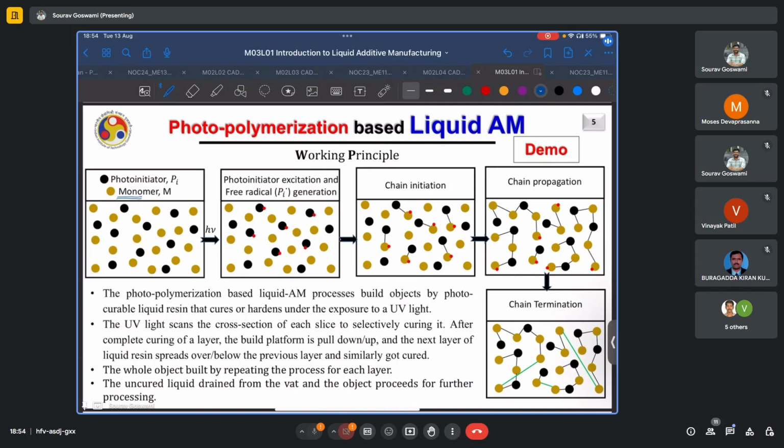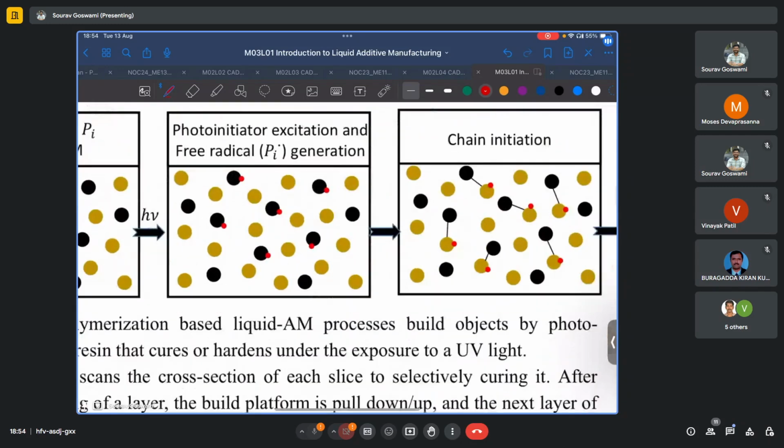When such a mixture is irradiated with energy, which is denoted here by h nu, h being Planck's constant, nu being the frequency, this energy is absorbed by the photoinitiator, it gets excited, and it generates a free radical, which is shown here by these red dots.